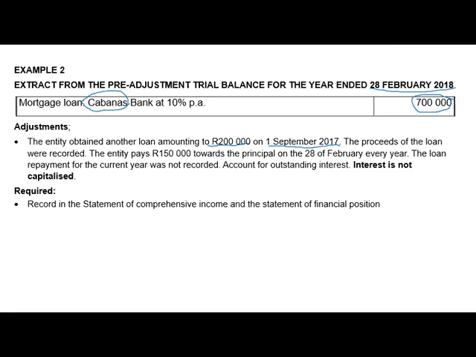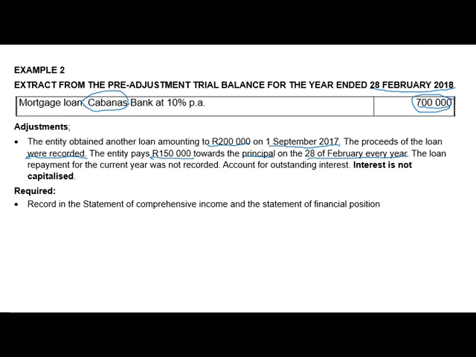Until they say this, what are they saying now? Whatever, that 200,000 has already done what? Now, is that opening or closing? It's closing, so your assumption was correct. If they said nothing, you were going to assume that it has already been recorded, okay? And now they say to you, the entity pays 150 towards their principal amount on the 28th of February every year.